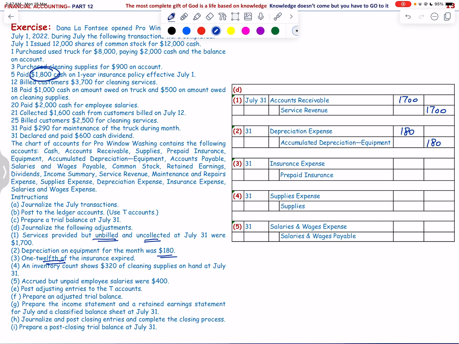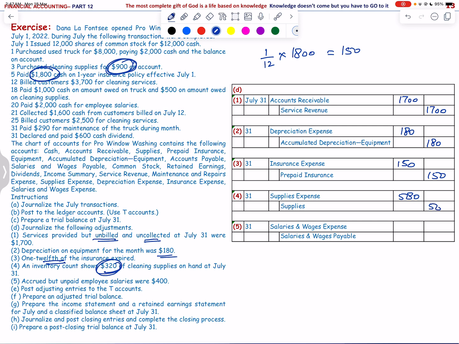So insurance expense is debit and prepaid insurance is credit. Inventory count shows 320, and in the beginning it was showing 900. So 900 minus 320 is 580. So supplies expense is debit by 580 and supplies is credit by 580.